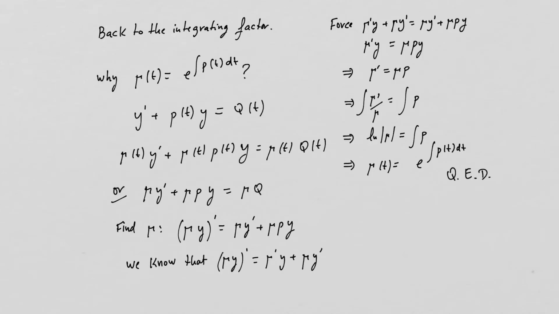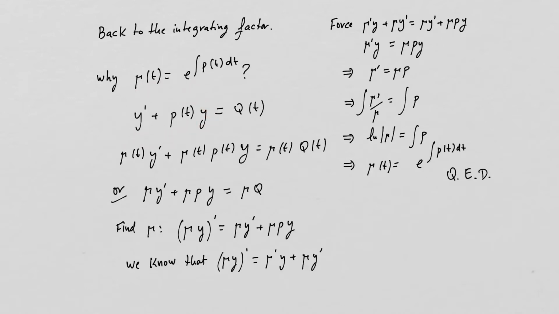So it's actually simple. We begin with our general ODE, and what we are going to do is multiply everything by mu of t. We don't know what mu of t is yet, but I'm trying to multiply by mu of t in such a way that this becomes like the product rule, okay?